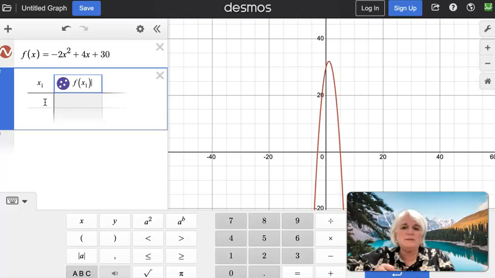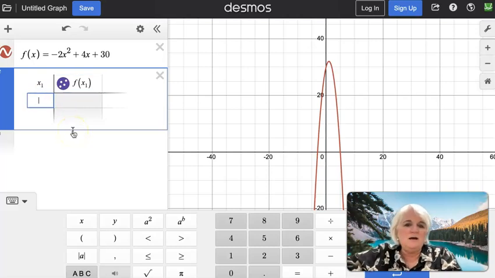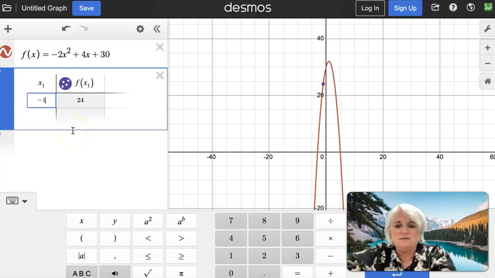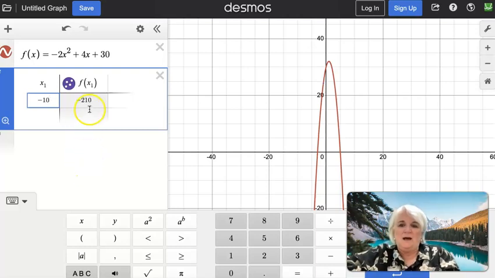Okay, this is because the x sub 1's are the numbers I'm going to put in for x. You have to put in numbers for x on Desmos. On the handheld, you don't. The numbers come up and you can scroll up and down to find the zeros. For this one, I know that the zeros are between negative 20 and 20, so I'm just going to start out with, let's do negative 10. So negative 10, and wow, that's a very small number, negative 210.